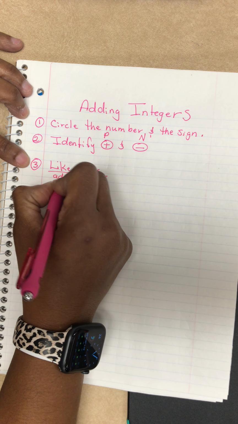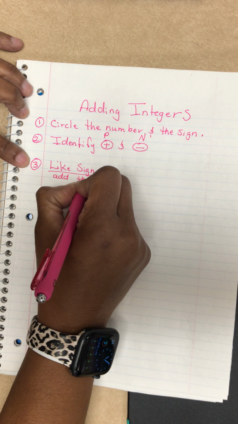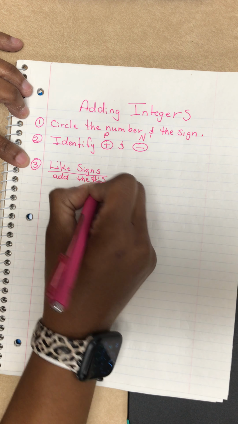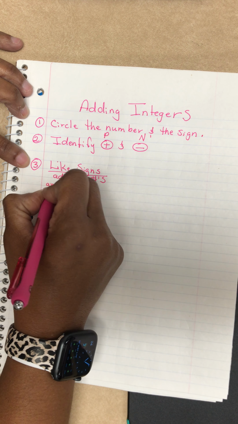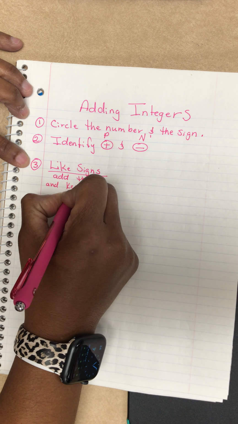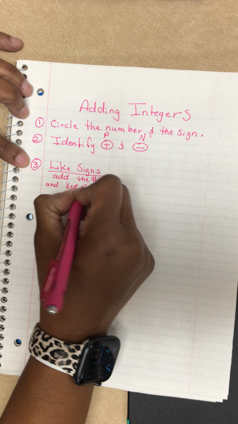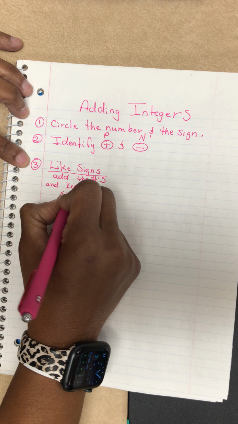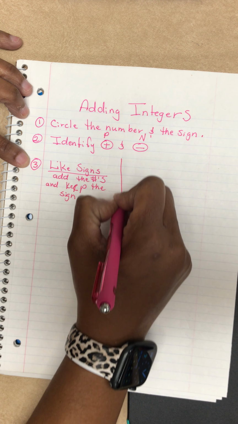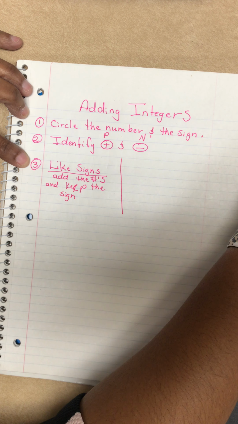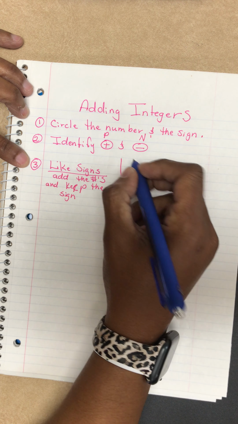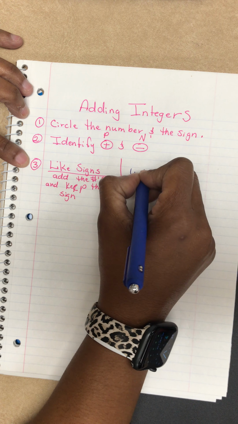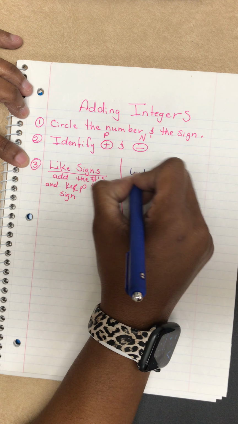You add the numbers and keep the sign. But if you have unlike signs, it's a separate operation. Sorry, I messed up.